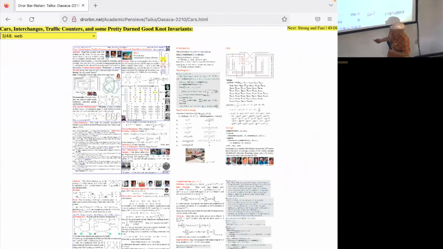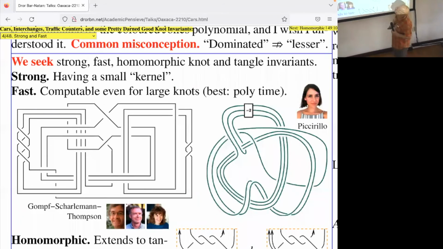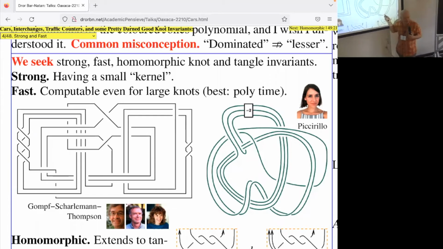The fact that I want strong, fast, homomorphic, so strong and fast everybody knows, or everybody wants. But the homomorphic property, which I haven't talked about, this is something I started looking for in 2007 maybe, or 8. So a long time ago.